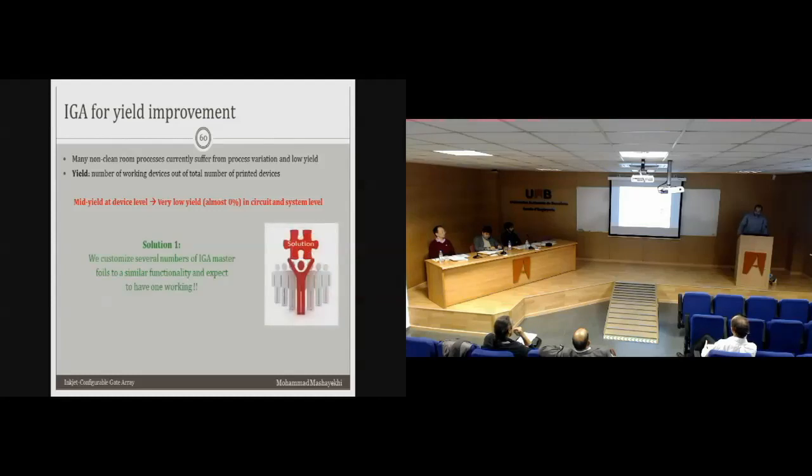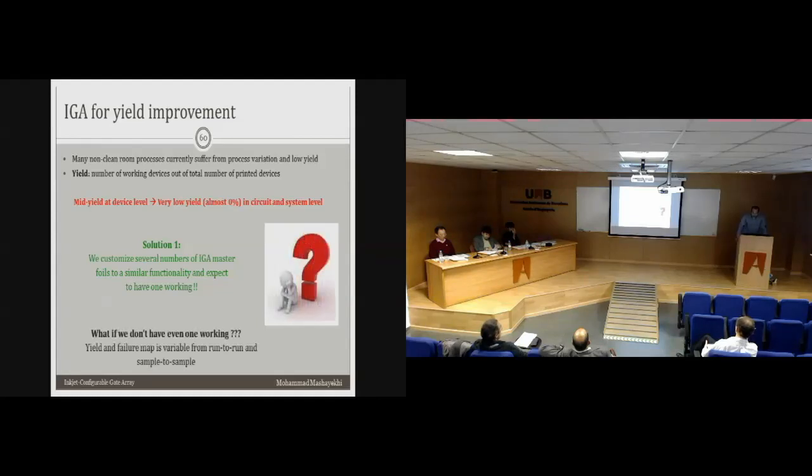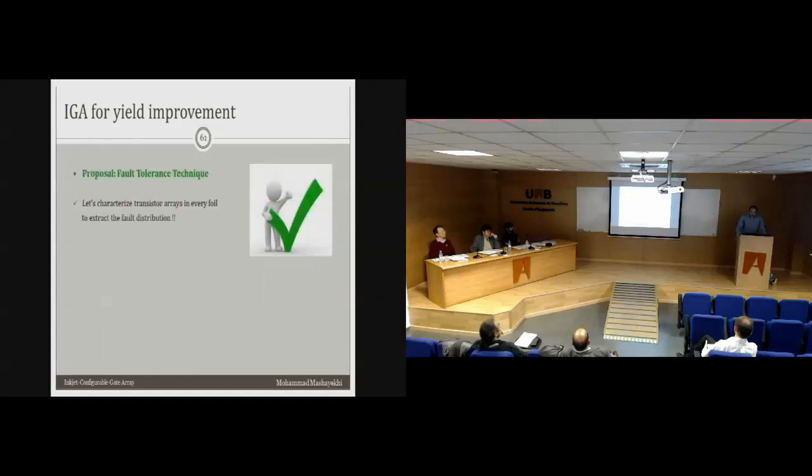So one solution is to customize several EGA foils in order to have at least one of them working. But the question is, what if we don't have even one of them working? Because the yield and the failure map vary from run to run and sample to sample. So the real solution is a fault tolerant technique. And what is that? We characterize the transistor arrays in every foil to extract the fault distribution.